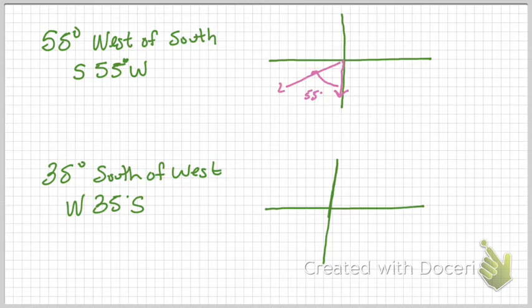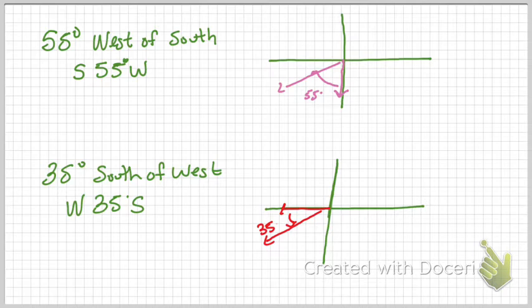So if I did 35 degrees south of west, it would mean I'd go to the west. Come on, pen. I'd go to the west and I'd turn towards the south. So I would turn this way 35 degrees. Now, they're different angles, but doesn't it describe the same direction?